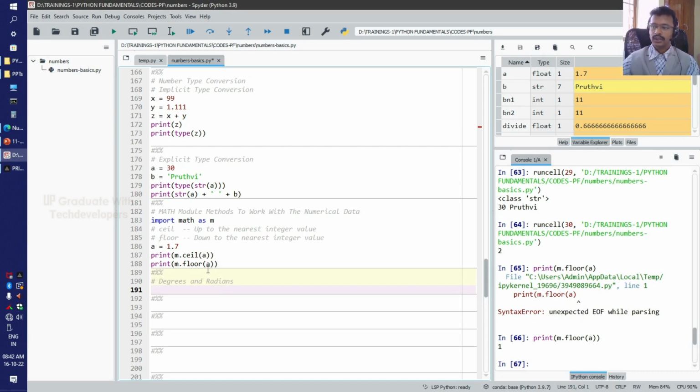So here we use the degrees method of math to convert the angle in radians to degrees, and the radians method to convert the angle in degrees to radians. The math module also provides some frequently used constants like pi. This is nothing but a constant.